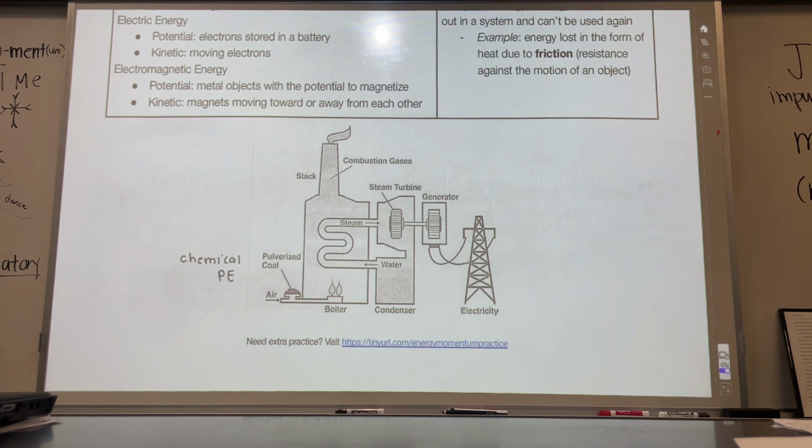Okay? Then in the boiler, we have heat. Heat is associated with thermal energy.